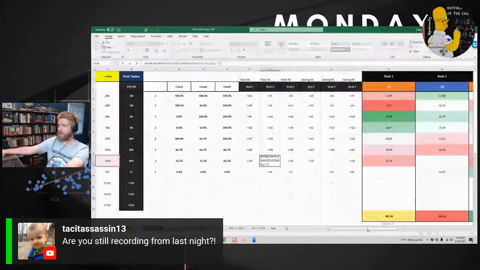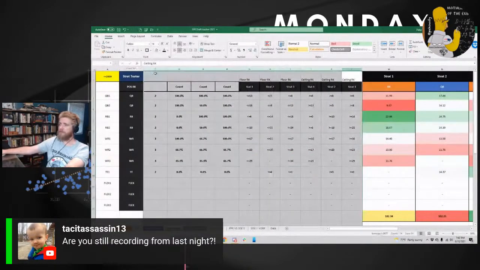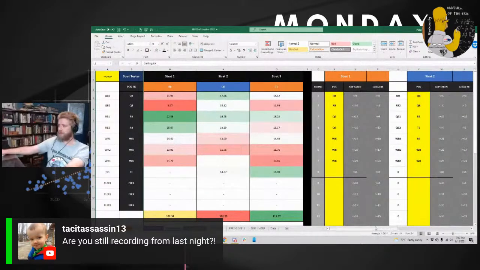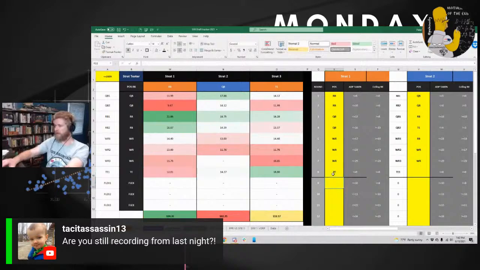No, wide receiver 3. Okay. This guy doesn't have a tight end.